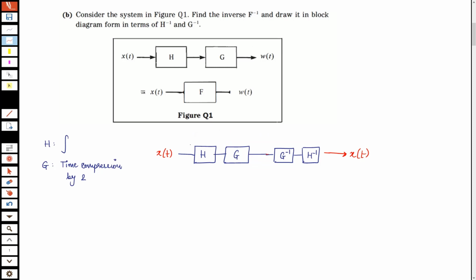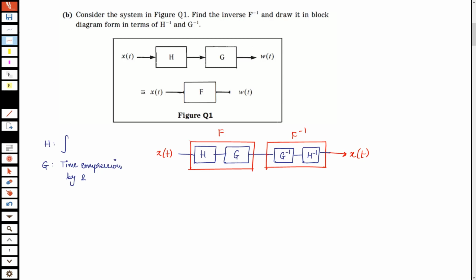So in a sense we find that if this was system F as defined in the question, its inverse is actually going to be a system like this, where you have G inverse first, that is followed by H inverse, and this is what will be F inverse.